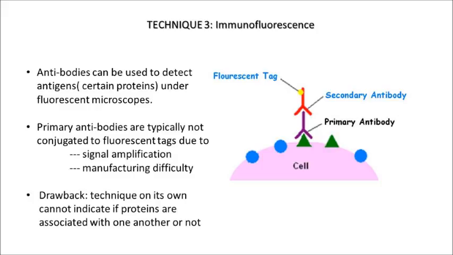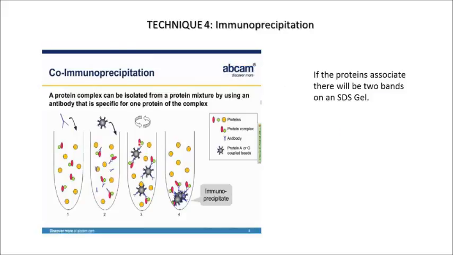But to counteract the drawback of the association between proteins, we use immunoprecipitation, which basically involves a test tube with a couple of proteins in it. In this diagram, it's the green and the red, and they associate with one another.